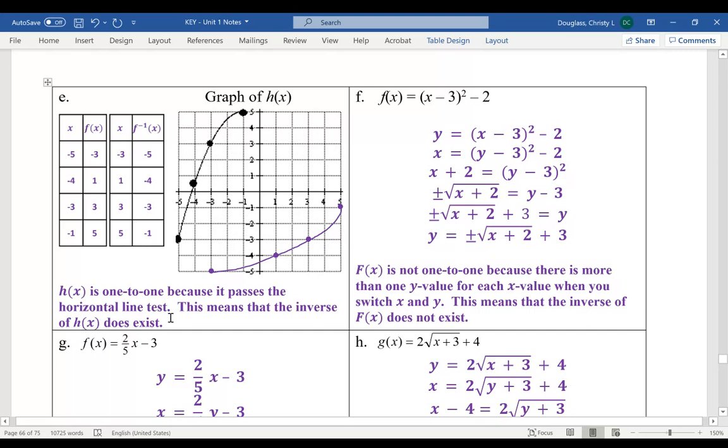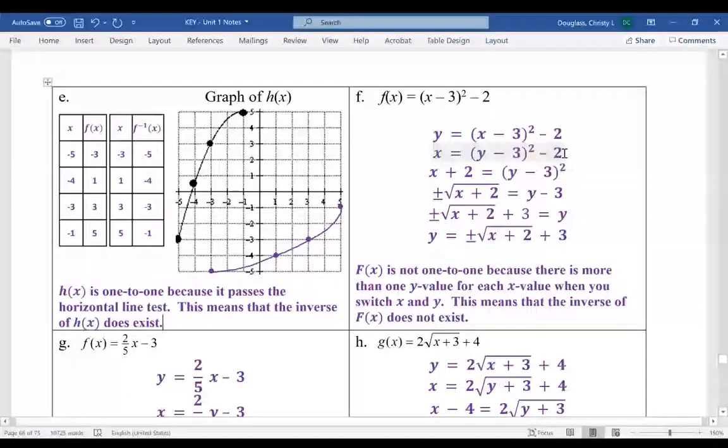All right, so we've looked at finding inverses numerically and graphically. Now let's look at finding inverses analytically. Here's what you do. Remember that f of x is just a fancy way of saying y. So I rewrote the function, but I put y instead of f of x. In the next step, I switched x and y.